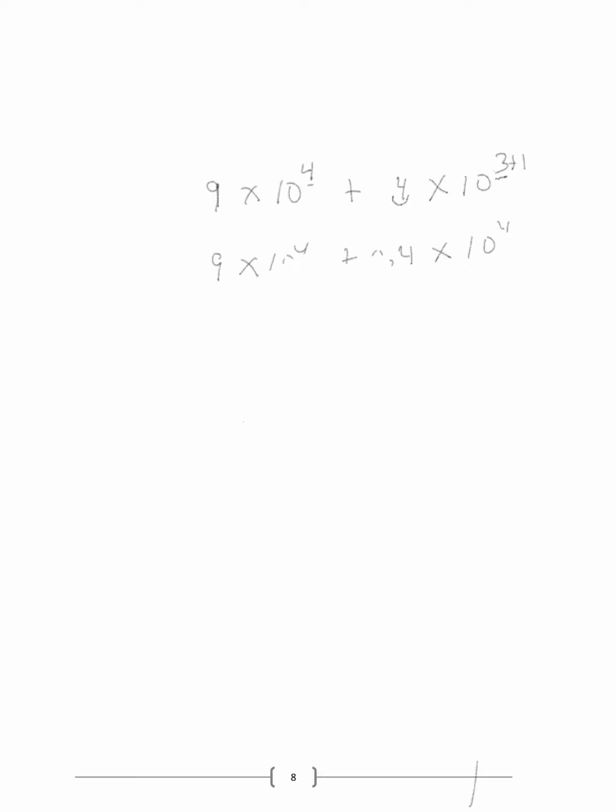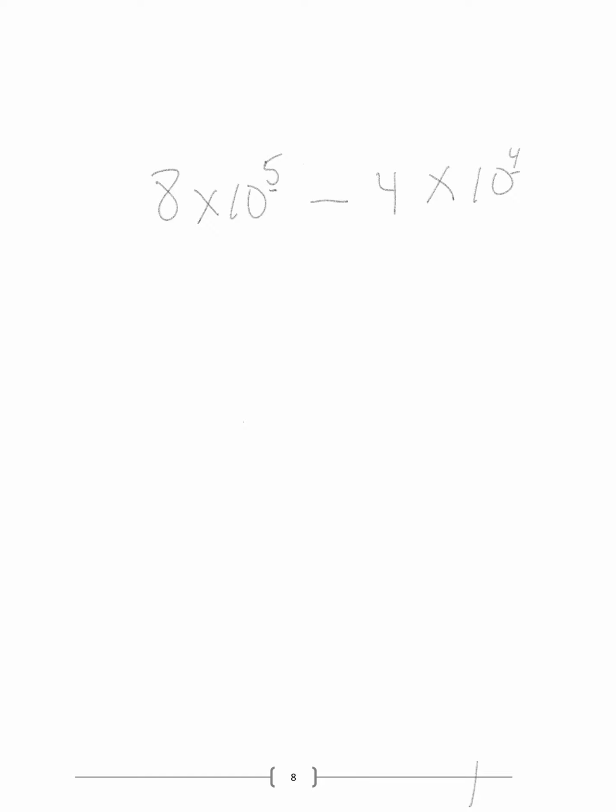Now let's look at division. I mean subtraction, not division, subtraction. An example. Let's say I have 8 times 10 to the fifth, and I'm going to subtract from that 4 times 10 to the fourth. We'll keep it similar. I can either make them both 5 or 4 for an exponent, so let's make it 5.